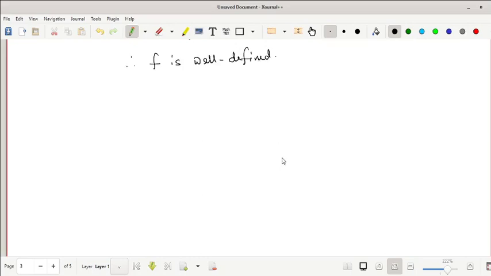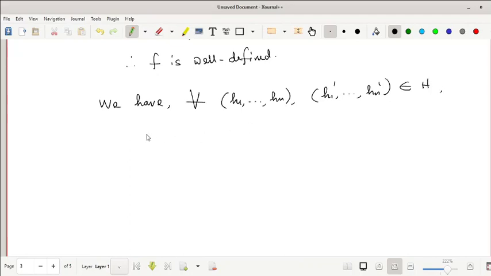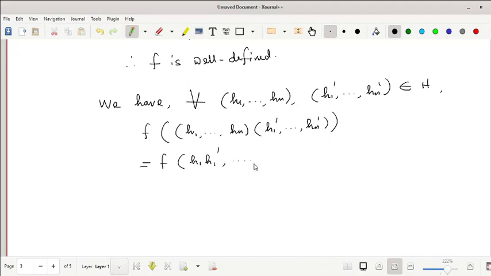Let us prove that f is a homomorphism. We have, for all (h1, h2, hn), (h1 prime, h2 prime, hn prime) belonging to H, f of (h1, h2, hn) into (h1 prime, h2 prime, hn prime) is equal to f of (h1 h1 prime, ..., hn hn prime).